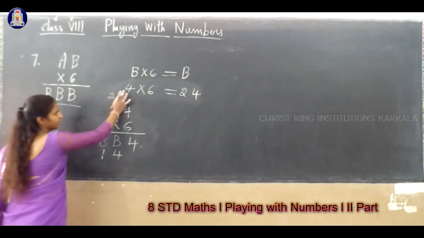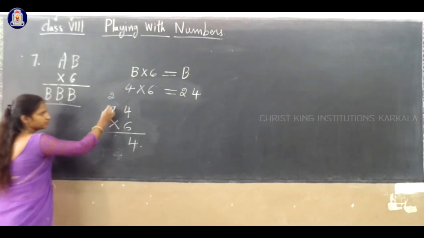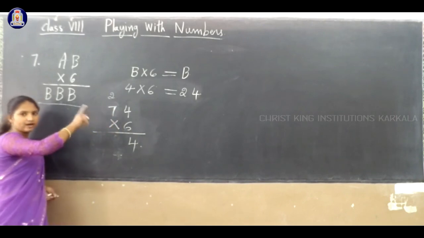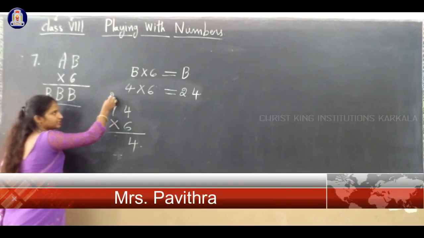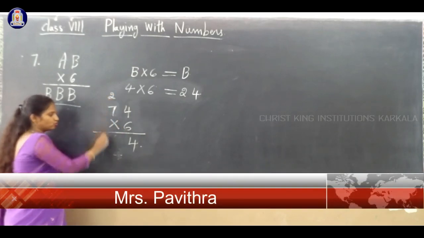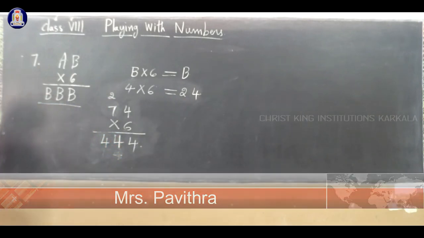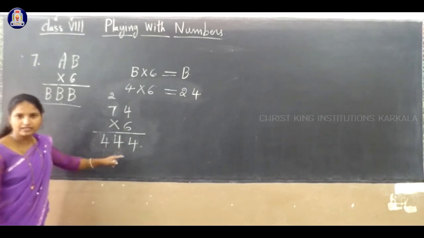Correct? If you write 7 in place of A, you can check. 6 7s are 42. 42 plus the remaining 2 you must add. Clear? 6 7s are 42, 42 plus 2 you get 44. So 44, 4 and 4. See, B, the answer we got is the same.